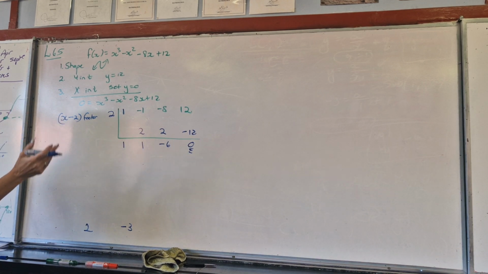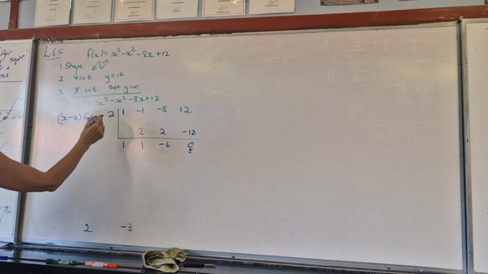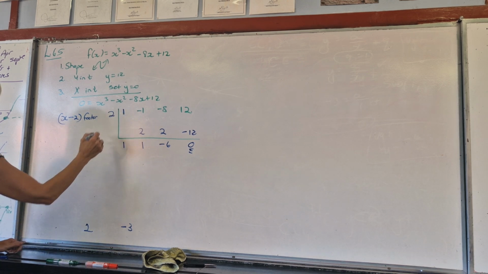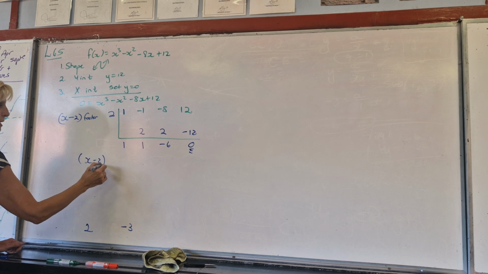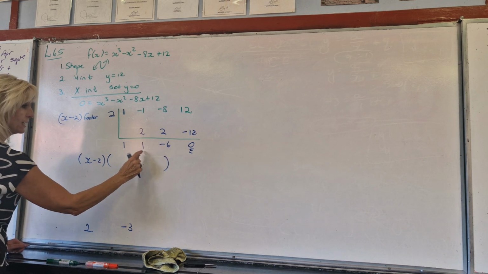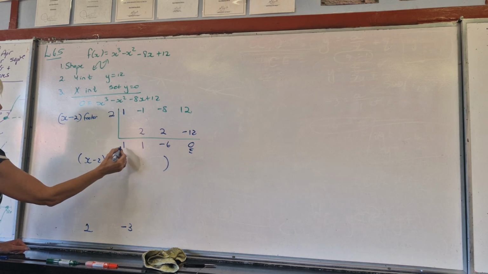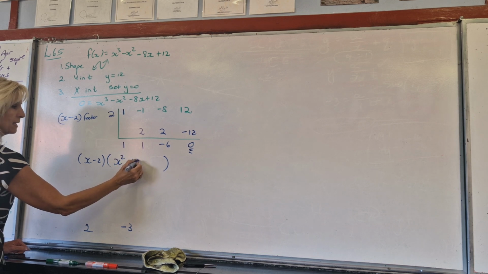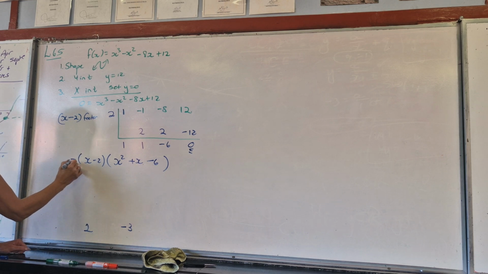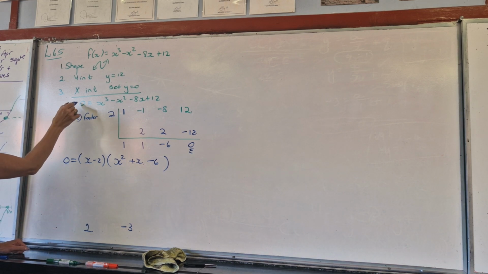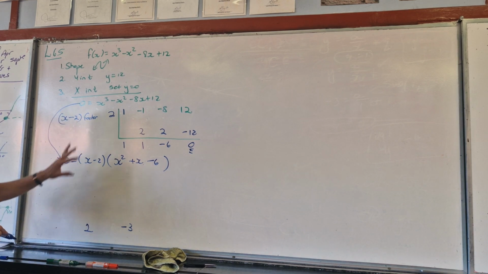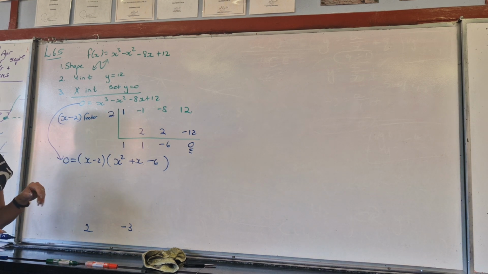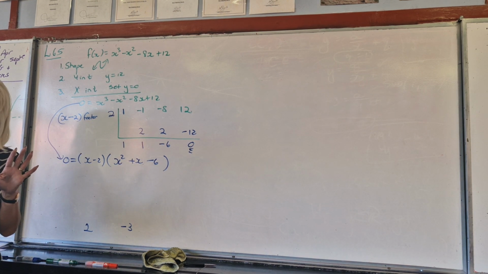What does this represent? It represents the factors. This is a factor, the x minus 2, that you multiply with this quadratic factor, whose coefficients are represented there. So it's x squared plus x minus 6, that's equal to 0. So basically you went from there to there using synthetic division. So this is your 6th type of factorization now.